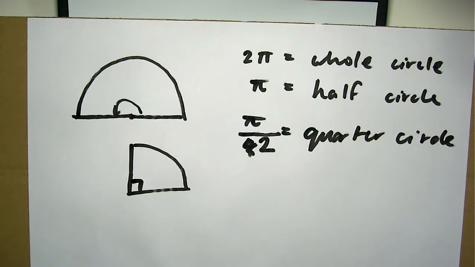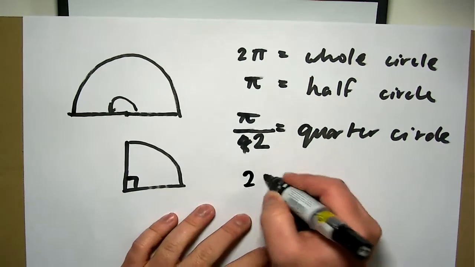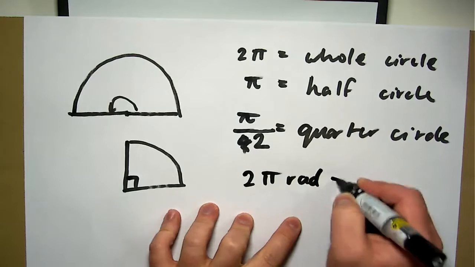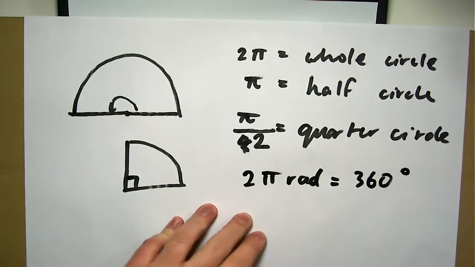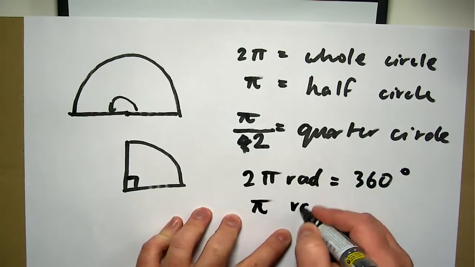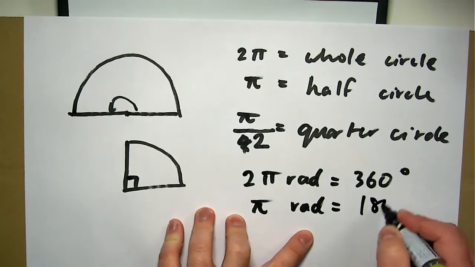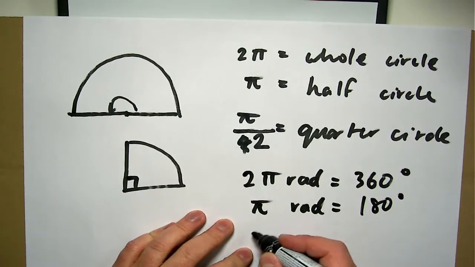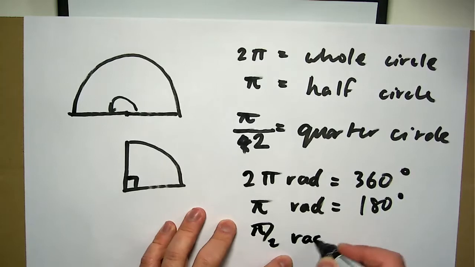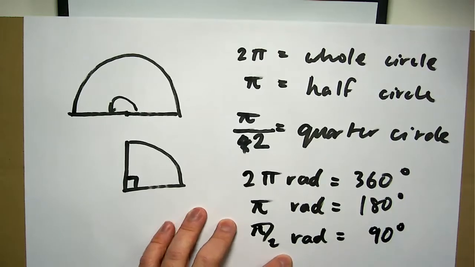Well, let's just start by writing out again what we've just seen. We saw that 2 pi radians equals 360 degrees, and that pi radians equals 180 degrees, and pi over 2 radians equals 90 degrees.